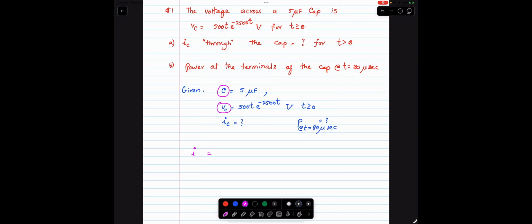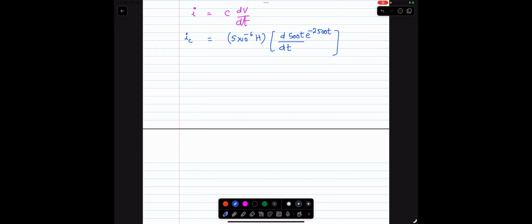What is your voltage again? 500 t e to the minus 2500 t. Okay, 500 t multiplied by e to the negative 2500 t. We use the chain rule, because it is a composite function, and then you should be able to solve this problem. I will leave it as an exercise to you.